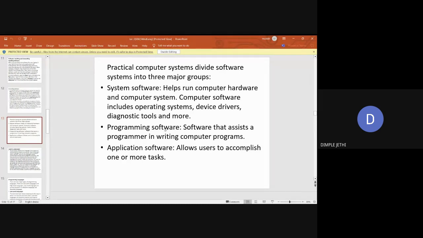Have you heard about compilers? What do compilers do? Compilers means, as we give instructions in English, right? But the computer cannot understand our language. So what is the language of the computer? It's binary. Whatever instruction we give, it will understand and process in binary and give the output in binary.